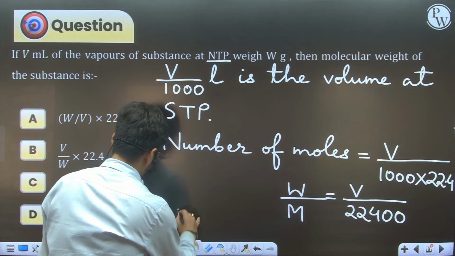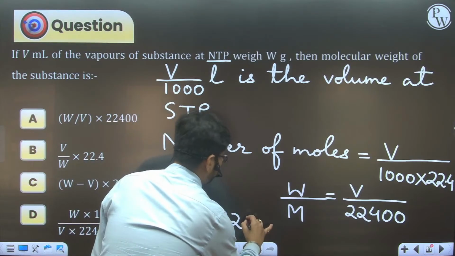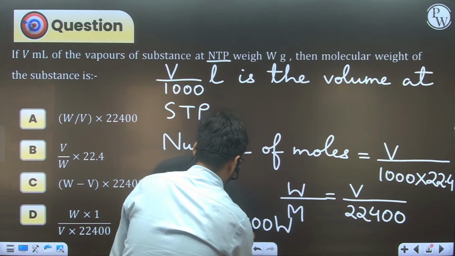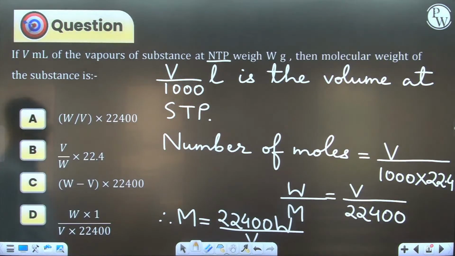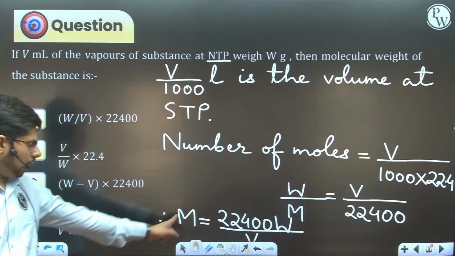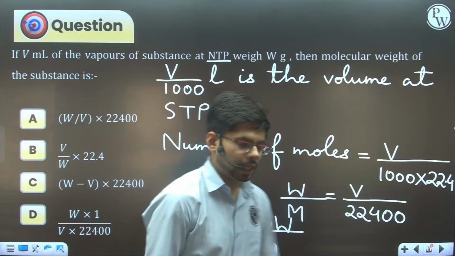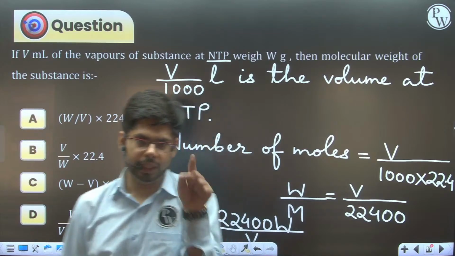Therefore, M will be equal to 22400 W upon V. This is the value of molar mass, and we know that for molar mass the unit is gram per mole, and for molecular mass the unit is u, small u.